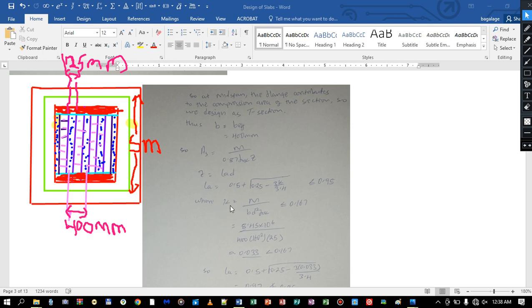Where k is our design moment over the breadth of the section times the effective depth squared times the compressive strength, and it shouldn't exceed 0.167.